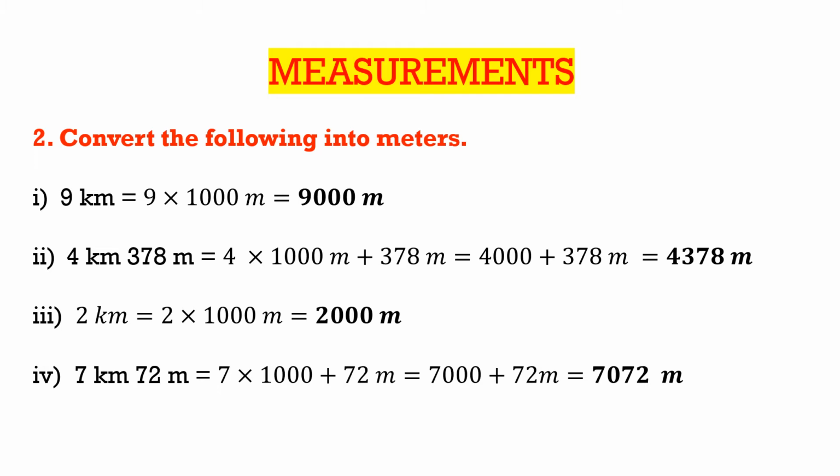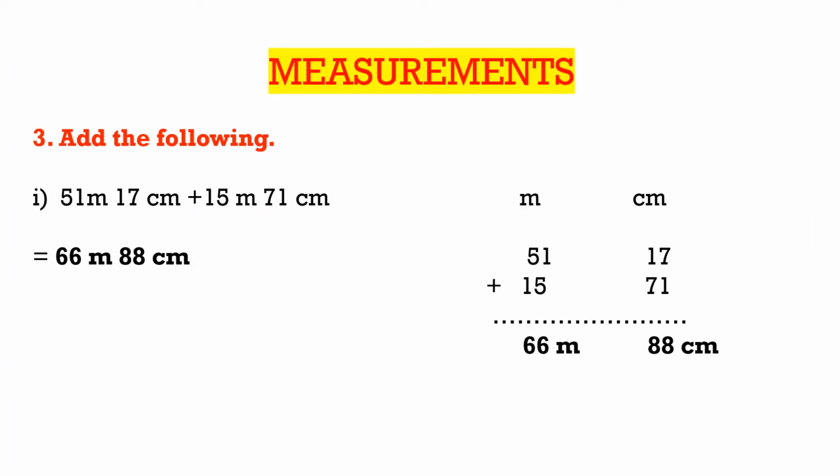Now we move to the third question. The third question is: add the following. We have to add the meters and centimeters. The first bit is 51 meter 17 centimeter plus 15 meter 71 centimeter. We have to separate meters and centimeters into columns.